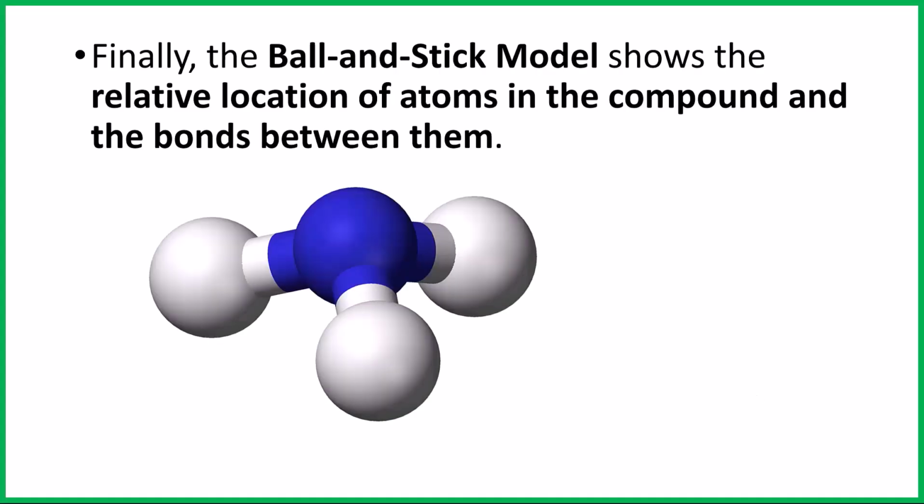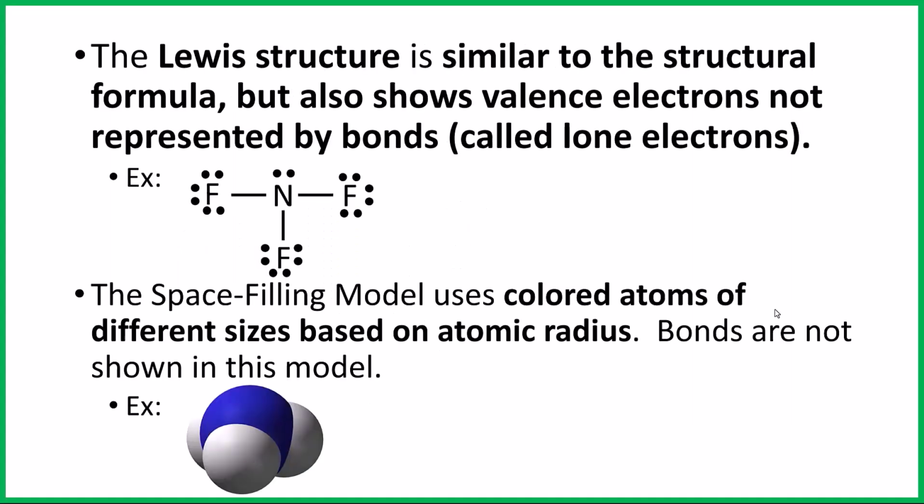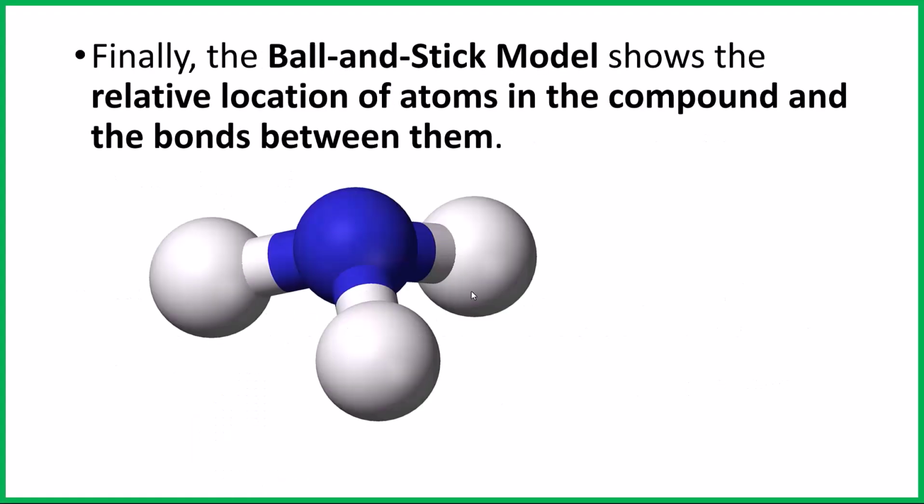And finally, the ball and stick model shows the relative location of atoms in the compound and the bonds between them. So you can see here, similar to our space filling model, these atoms were nearer to the bottom of this model, and they are in this one as well.